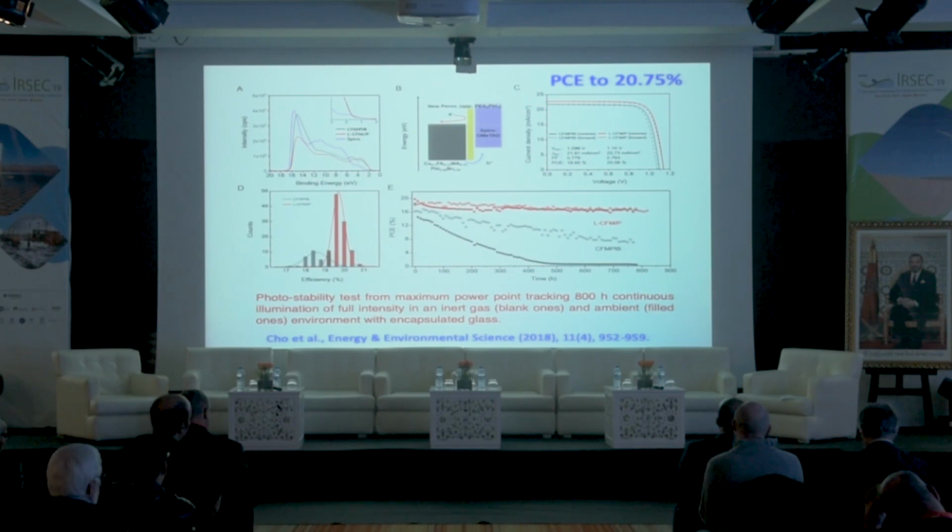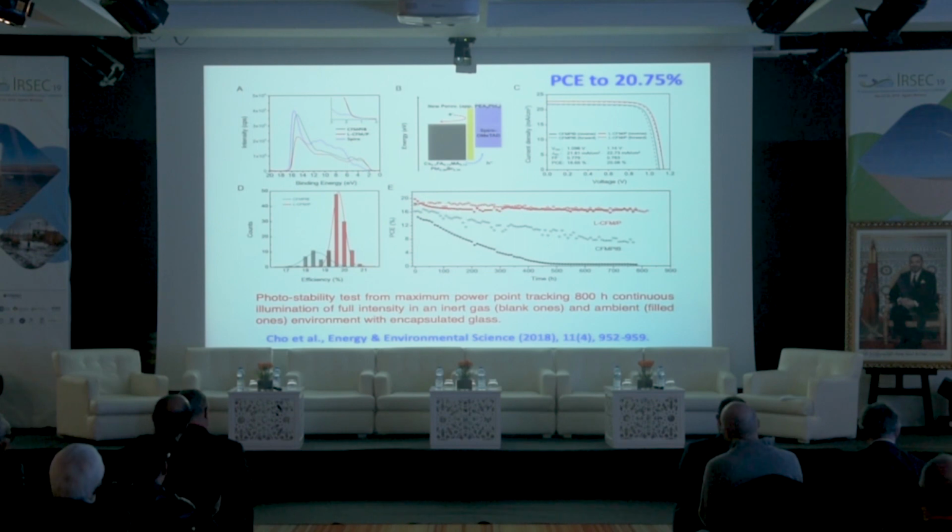What is the importance of this 2-dimensional perovskite on top of 3-dimensional perovskite is shown based on the stability measurements. The solar cells here that we have are the 3-dimensional perovskite and 2-dimensional perovskite solar cell. That's the red line. The black lines are pure 3-dimensional perovskite. The experimental conditions are the open squares are measured under argon atmosphere.